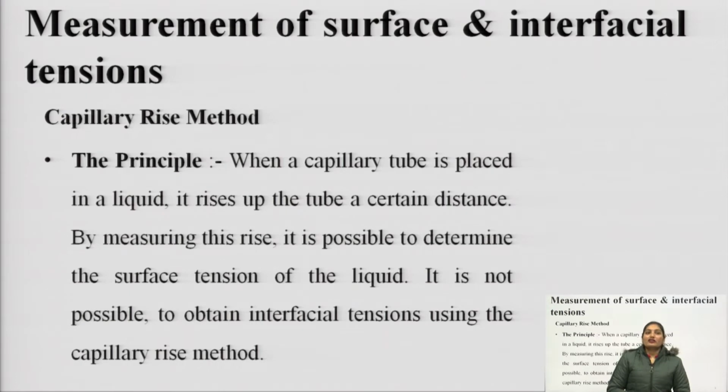The principle of the capillary rise method is, when a capillary tube is placed in a liquid, the liquid rises up the tube a certain distance, and by measuring its rise, it is possible to determine the surface tension of the liquid. It is not possible to obtain interfacial tension using this method. So, this is based on the rise of liquid in the capillary tube.